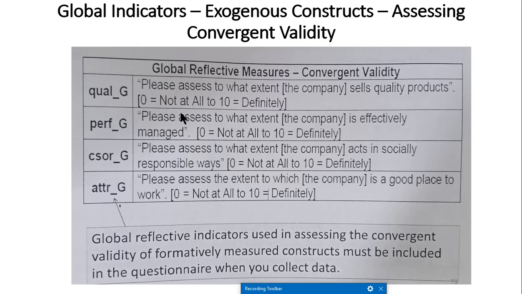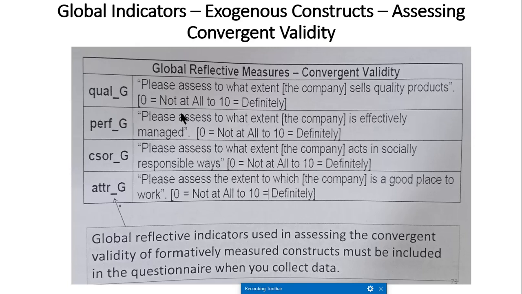And the third step is to examine the statistical significance of the outer weights, but not the loadings. This will be done with the bootstrapping option of SmartPLS. And if any of the indicator weights are not statistically significant, then we examine the size and significance of the indicator loadings. The SmartPLS software provides the outer loadings and t-values for that.